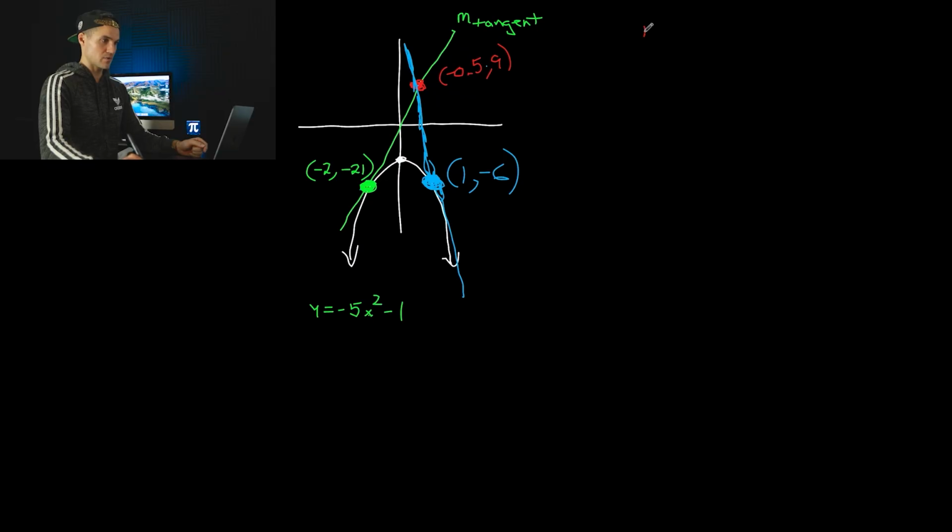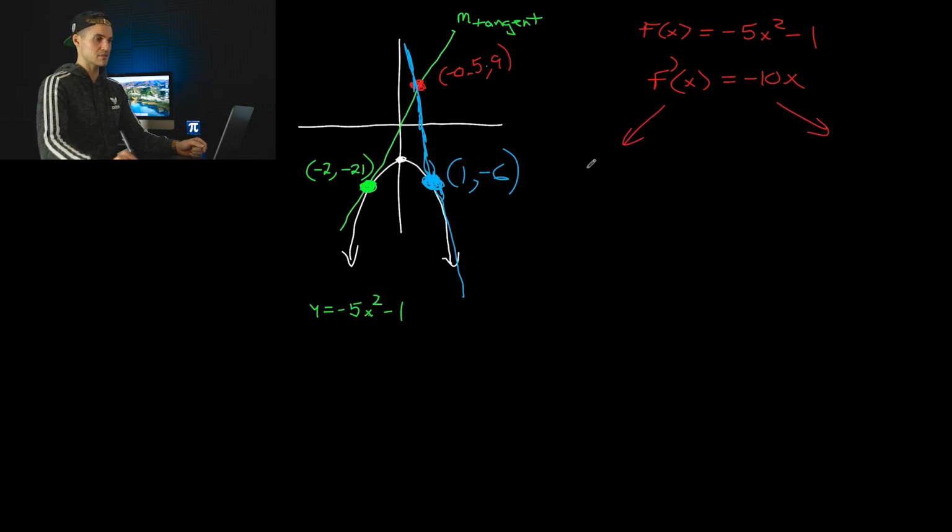So we know that f of x, the quadratic, is negative 5x squared minus 1. So we know f prime of x is negative 10x, right? And so what I could do for each of these points is find the slope at those specific x values.